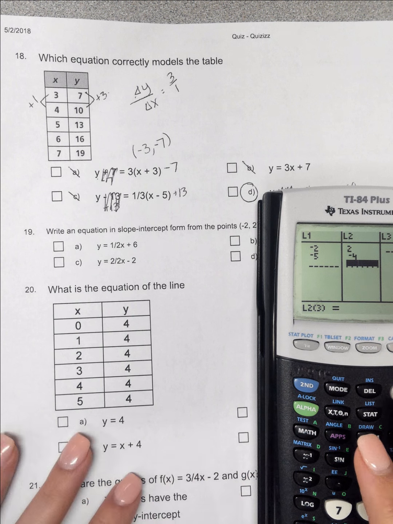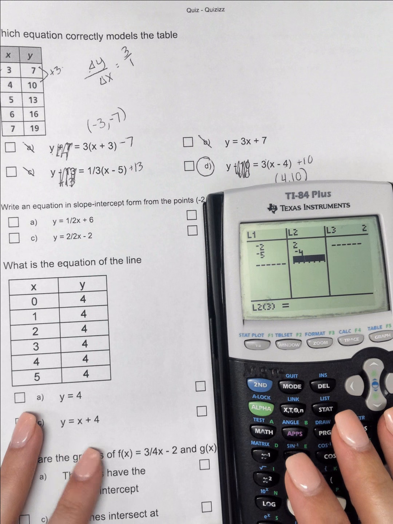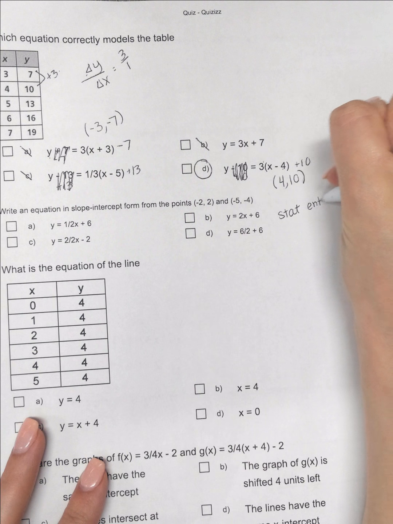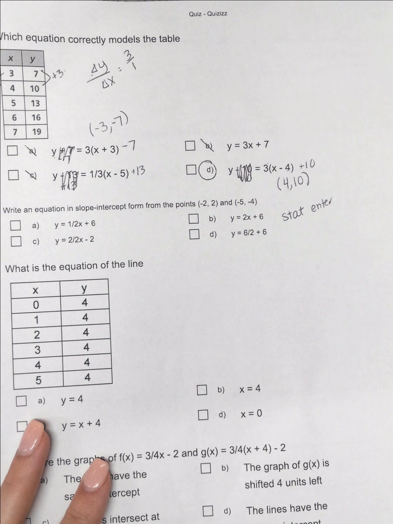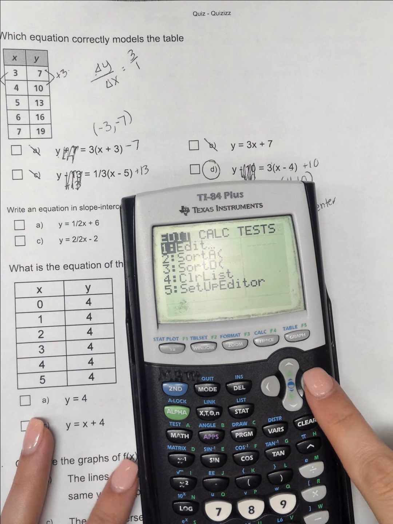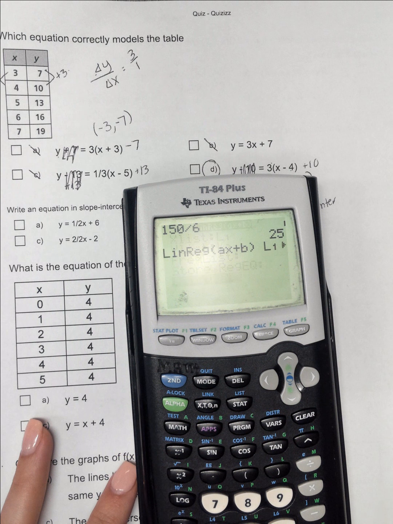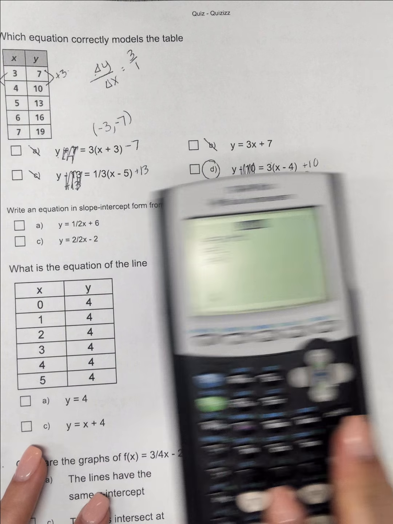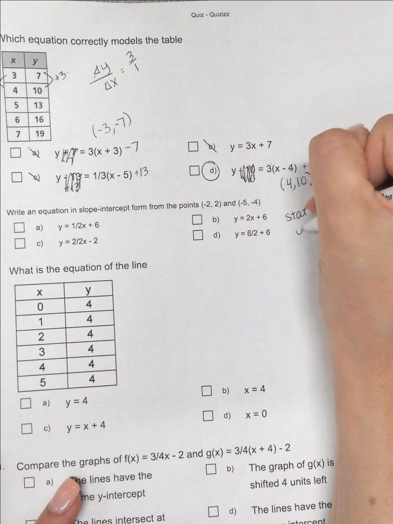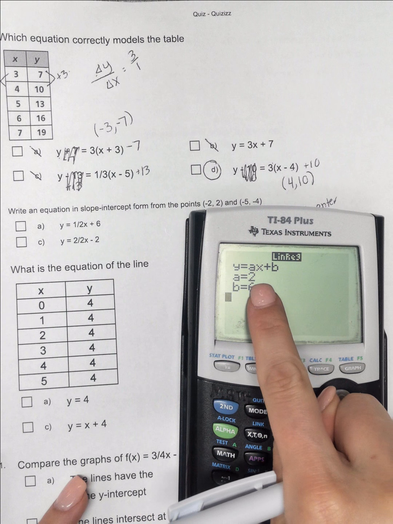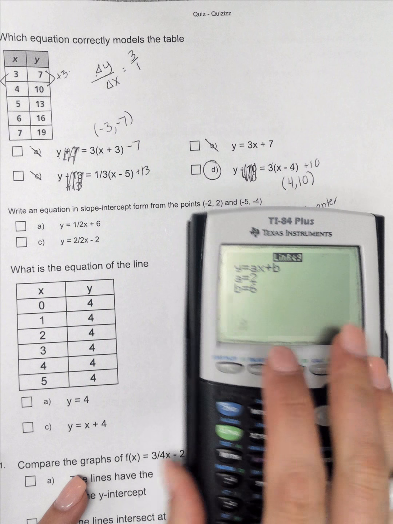So I put my points in stat, enter, and you type them in. And this is a line, so stat, right, 4. And my equation is y equals 2x, because my a value is 2, and then plus 6.